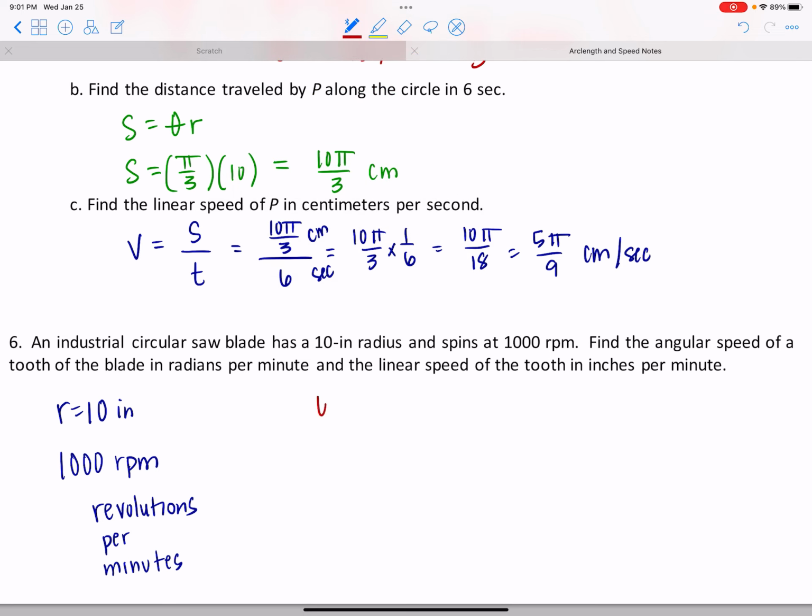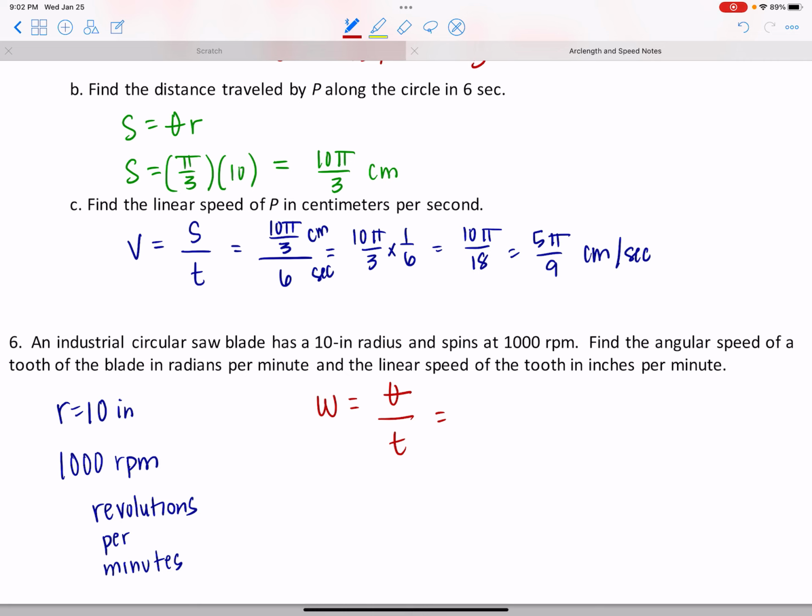When I go to find the angular speed, technically I'm looking for the angle divided by the time. So the question here is, what is the angle? When it's making the 1000 RPM, the 1000 revolutions per minute, it's going a full circle, which remember in radians is 2 pi. It's doing that 1000 times every minute.